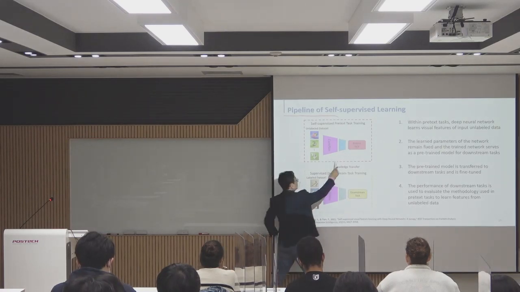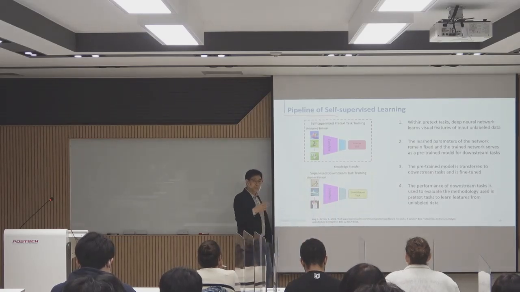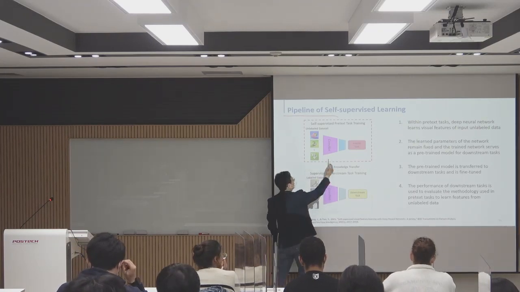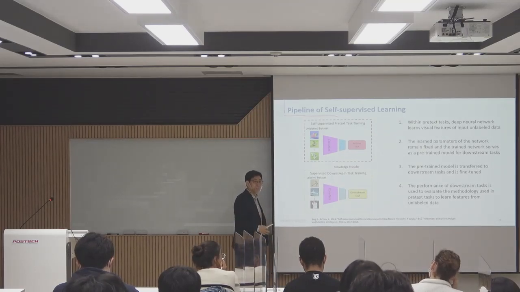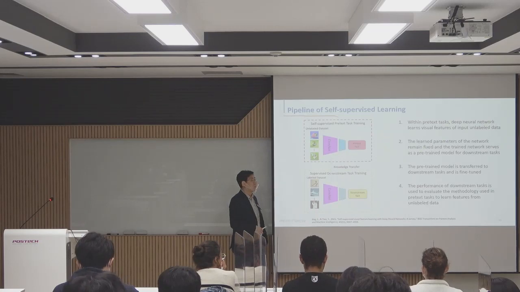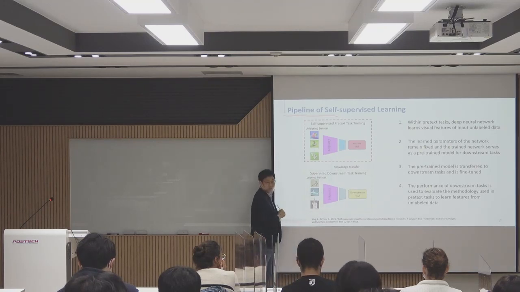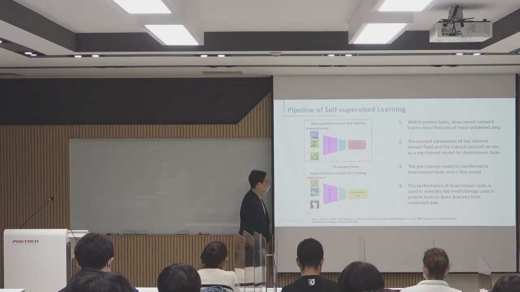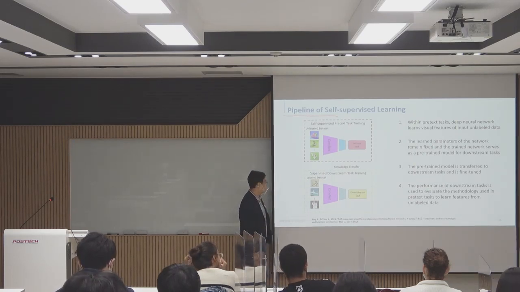Okay, but this pretext task is of course going to be different from your downstream task, the task that you want to have, right? But the assumption that we have is that these networks mostly relate to feature expressions or good feature representations, and we can apply the idea of transfer learnings. We're going to fix these, and we're gonna have the downstream layers, which are mostly related to the classification task.